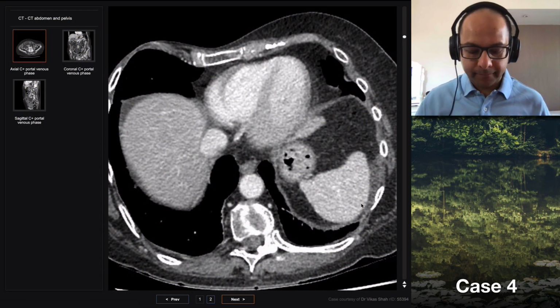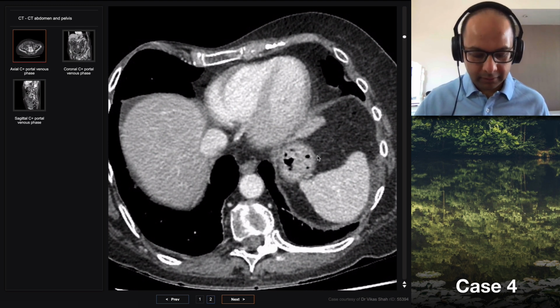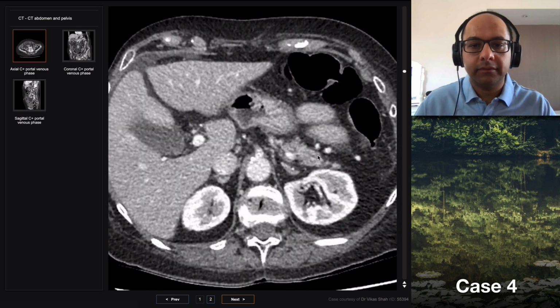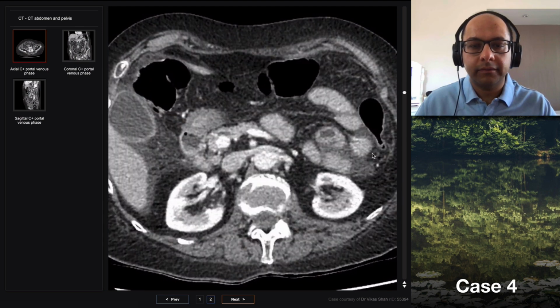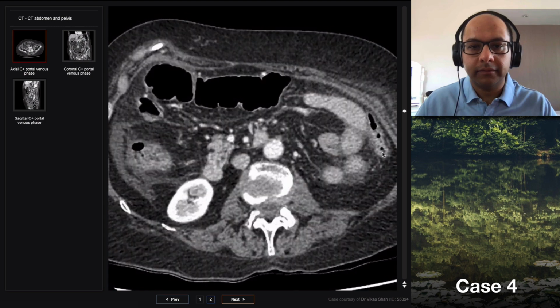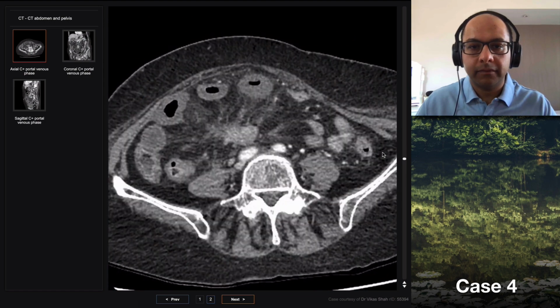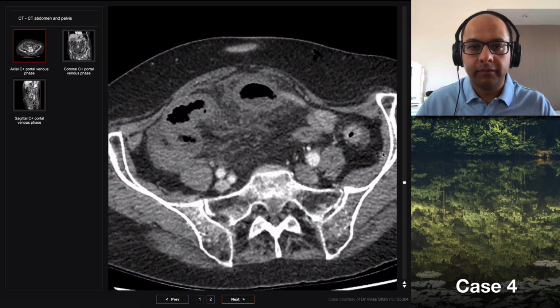Yeah. So these are CT abdomen images of an adult patient which has been acquired in the portovenous phase. The most obvious abnormality is the dilated small bowel loops, which are seen in the right lower quadrant, which are not enhancing.